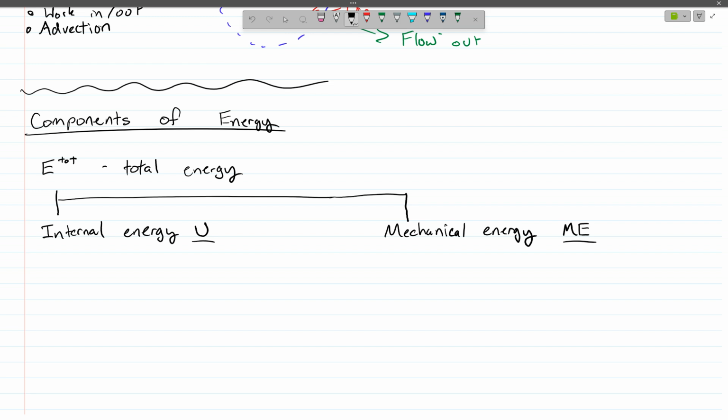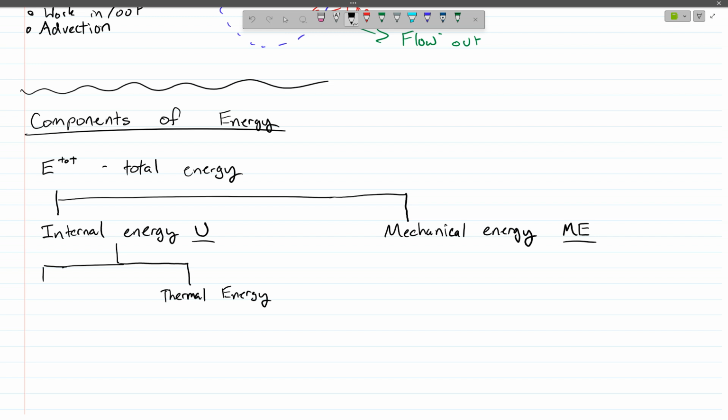Internal energy, this is usually what we think about as what changes when you heat something up, for example, as it's stored internal energy. This comes in a couple of flavors as well. First, we have our thermal energy. And then we've got a whole mess of other types of energy.